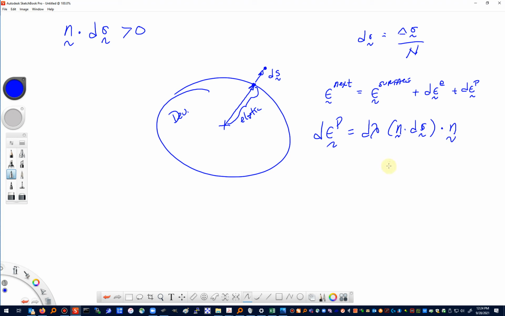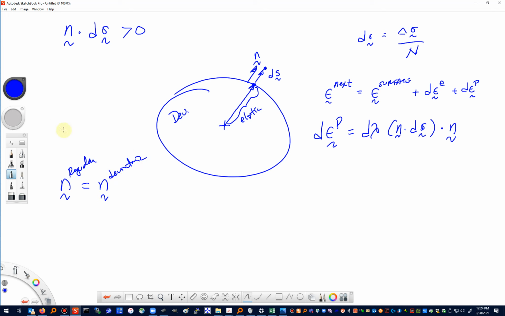Now, n is a unit normal. Okay, so at this point, n is a unit normal. We've gone through and we've shown that the n in regular stress space is equal to the n in the deviatoric stress space. All right, so we're good there.